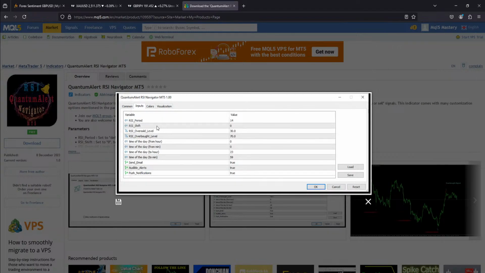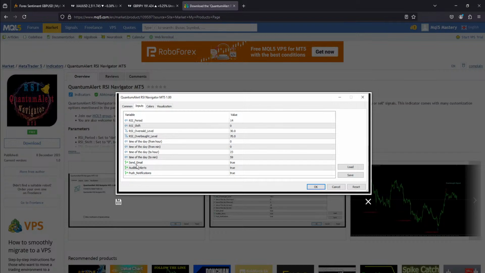Okay, so these are the settings you will be receiving, like the RSI period, you can change the shift as well, you can change the oversold and overbought regions. Like if you want your notification to appear when it crosses below 20, then you can enter oversold region 20 and overbought 80, so you can do that. Also you can decide the time, like from which time of the day you want to allow this indicator to work.